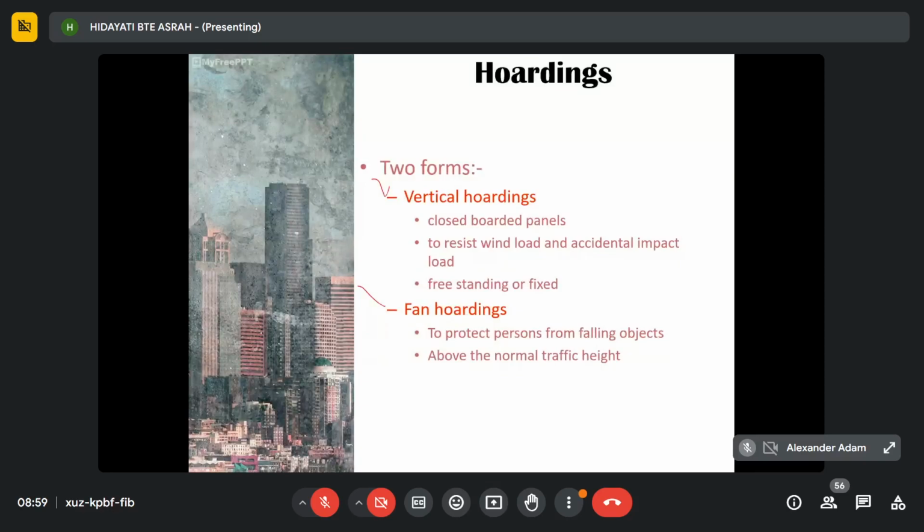That is the characteristic of the vertical hoarding. Fan hoarding is used to protect a person from falling objects. Normally it is placed above the normal traffic height, and if any obstacle or debris falls down from the constructed building, it will be directed back towards the building.